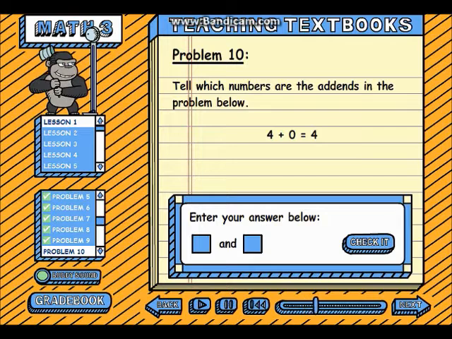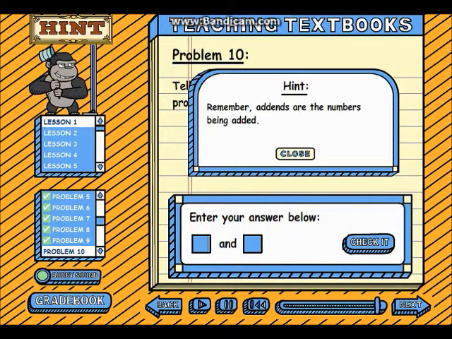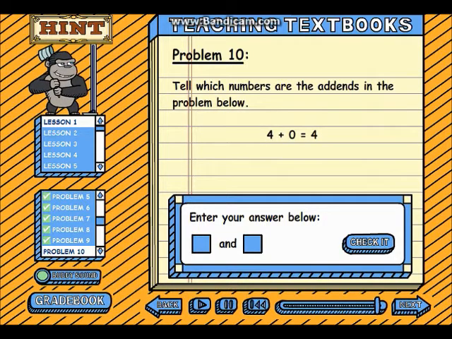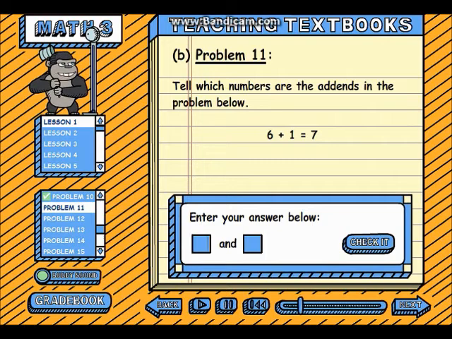Here you need to tell which numbers are the add-ins in 4 plus 0 equals 4. Time out for a hint. The add-ins are just the numbers being added together. Perfect. For this one, tell which numbers are the add-ins in the problem 6 plus 1 equals 7.